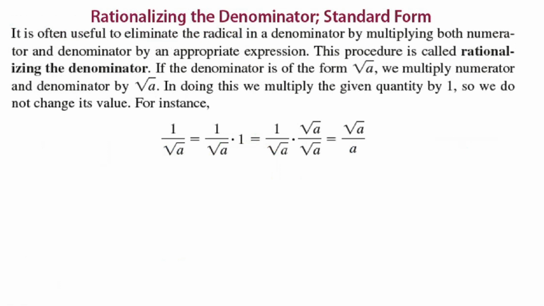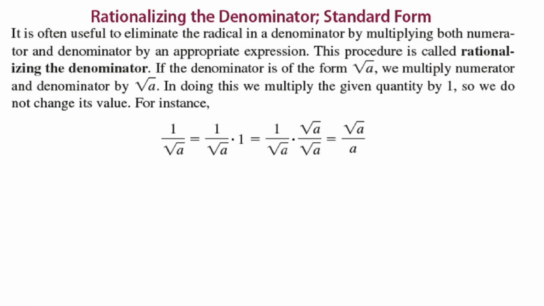Next we have rationalizing the denominator. It is the standard form. It is often useful to eliminate the radical in a denominator by multiplying both numerator and denominator by an appropriate expression. This procedure is called rationalizing the denominator.